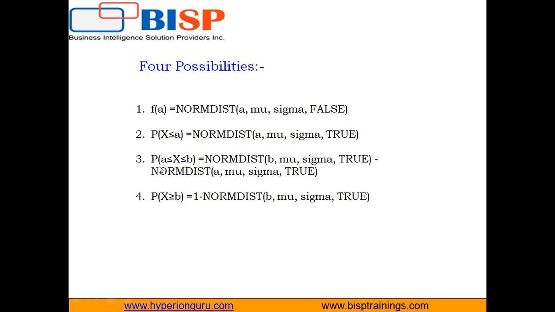If the value of x lies between two values a and b, then the NORM.DIST value of b with cumulative true is minus the NORM.DIST value of a with cumulative true. And if x is greater than or equal to b, then it will be calculated like 1 minus NORM.DIST of b, mean, sigma, and cumulative true. So these are the four possibilities of this function according to these values.